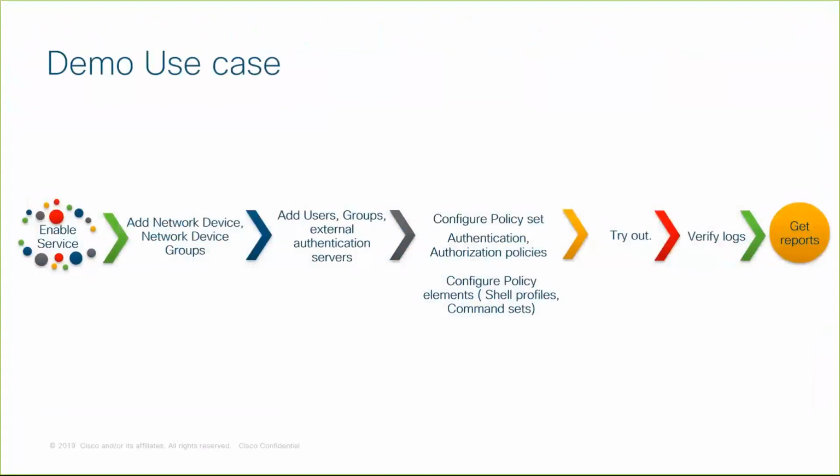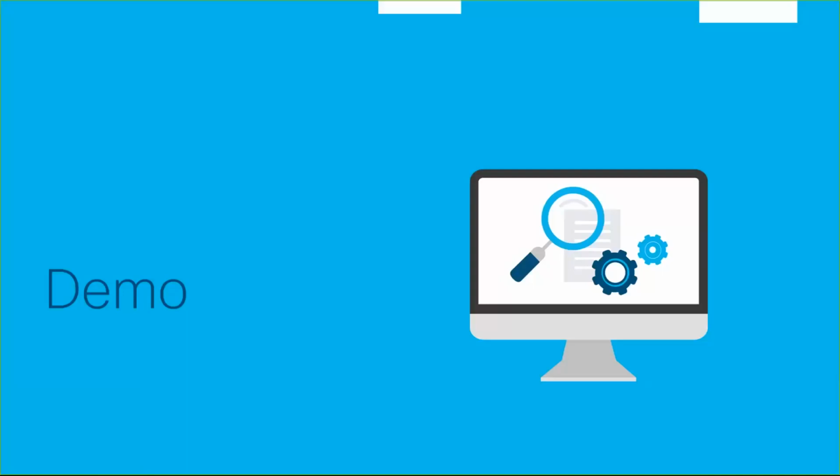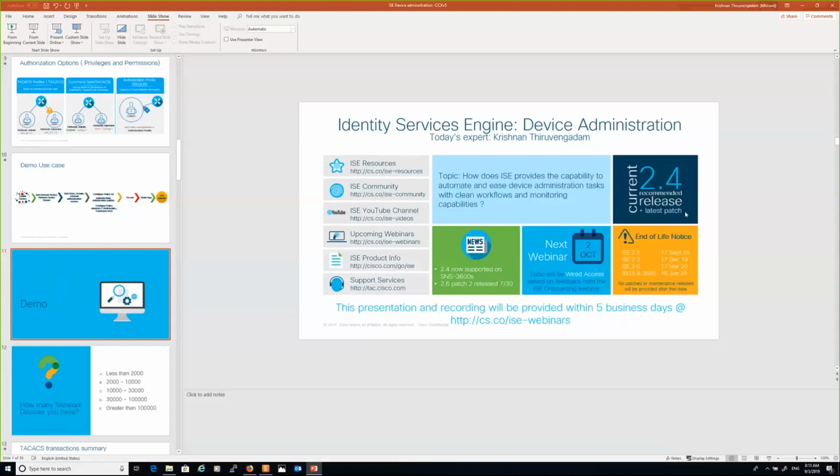You need to enable the service, add the network device that you want to manage to ISE, and after that, add the users and external authentication servers, and finally define the policies and policy sets, and try it out before you verify logs and get the reports. All right, let's take a quick look at the demo.